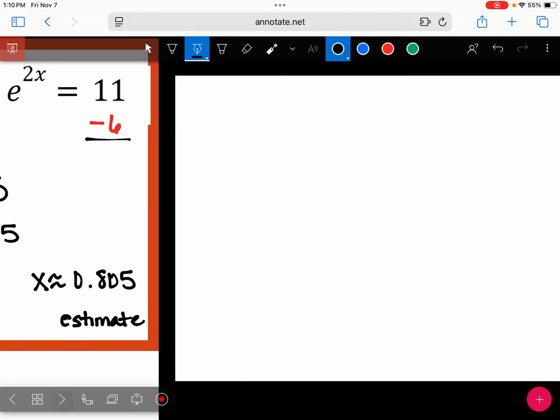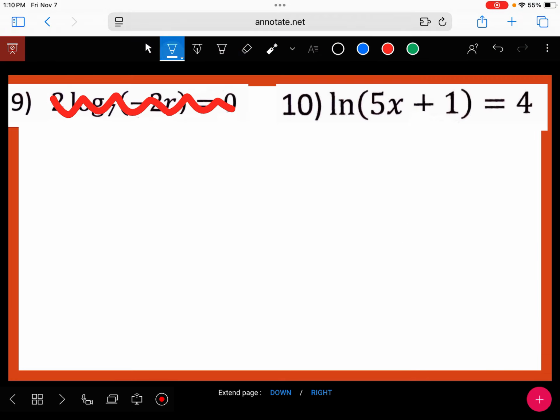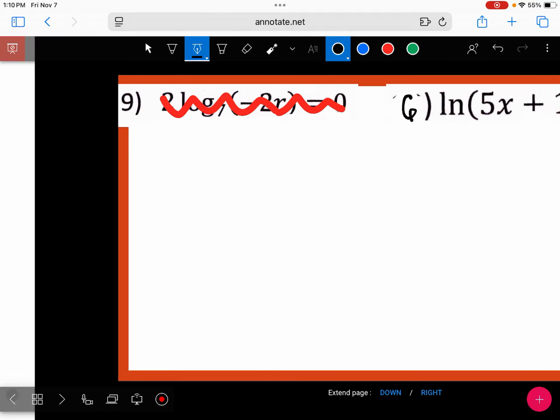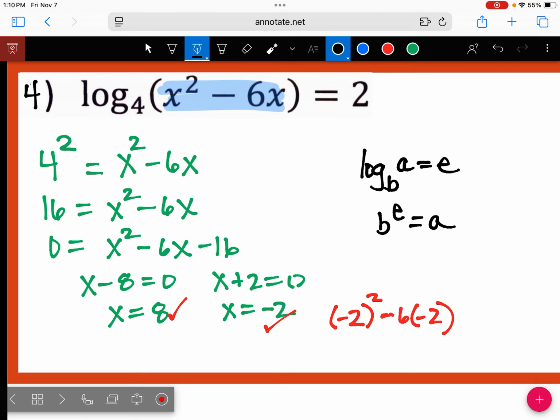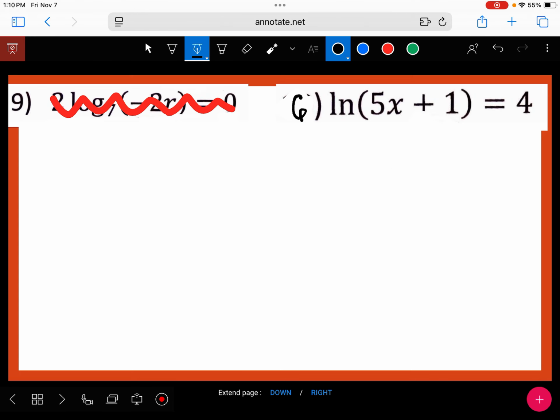Okay, let's look at 6. We kind of did one. Let me go back real quick, because we did one like this here. This is the exact same thing, except it's a ln. Okay, so natural log is a log.